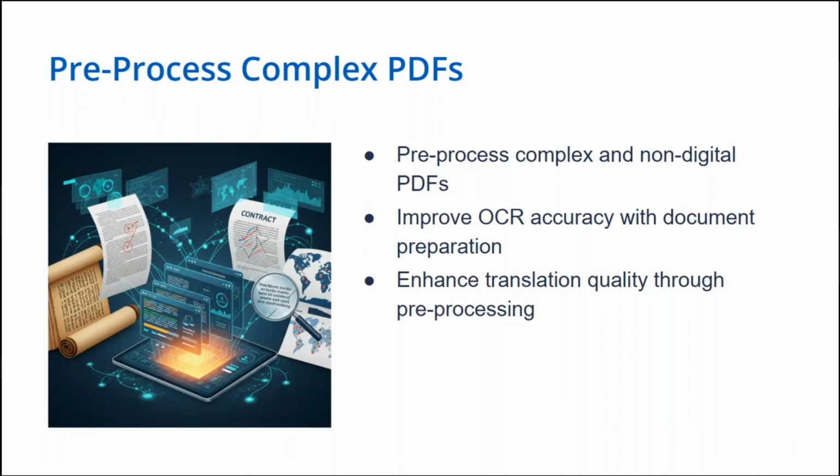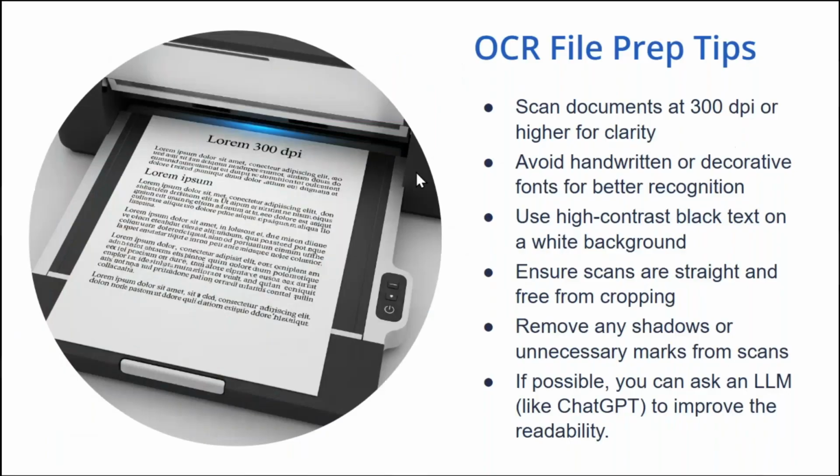And well, maybe you are wondering, how can I pre-process PDFs? We will have a look at certain clear tips to do that. First of all, if you're talking about scanned documents, try to scan the documents at high definition, 300 dpi or higher. Avoid handwritten or decorative fonts.